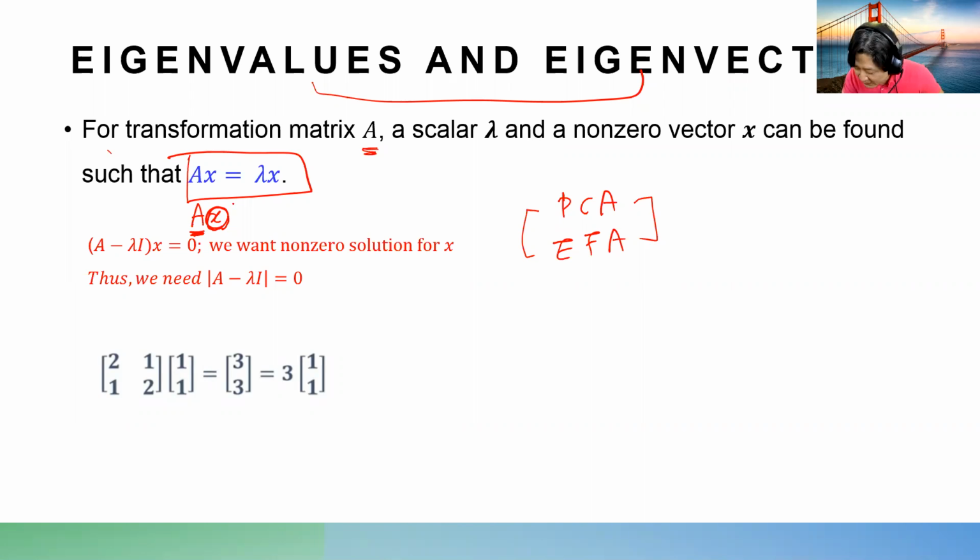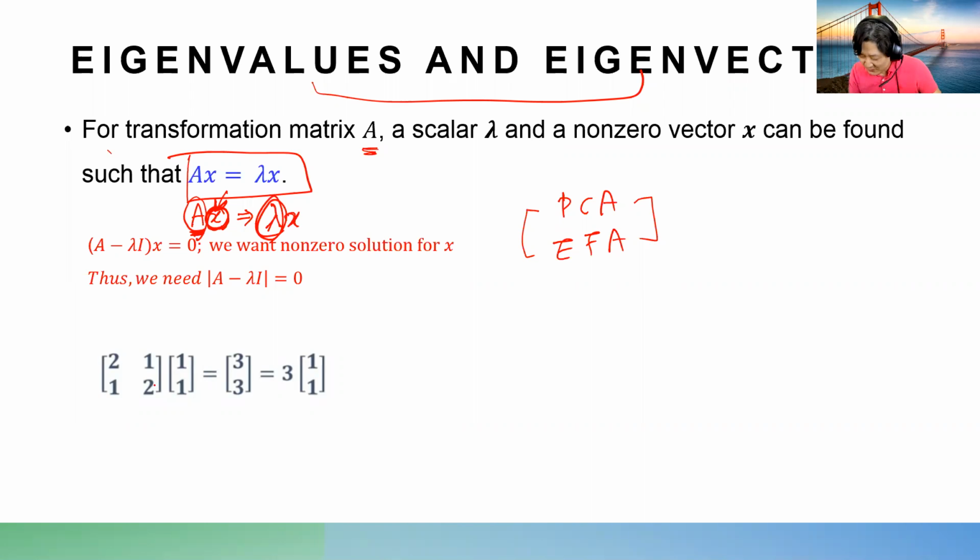Which means if we transform this vector using this matrix, it will return some vector, but it will be linearly dependent.